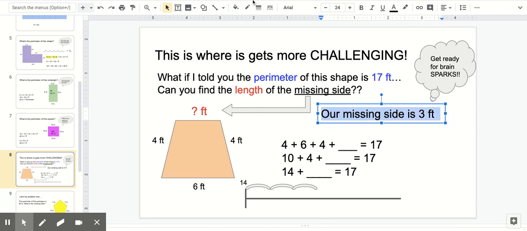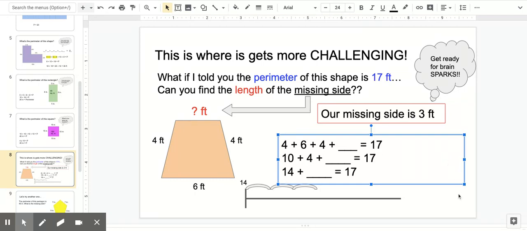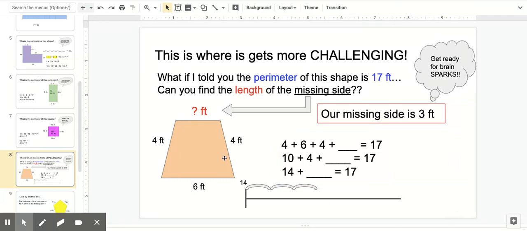There's our missing side. So if we know the perimeter, we can add up the sides we know and then see how much more we need to add to get our total perimeter.